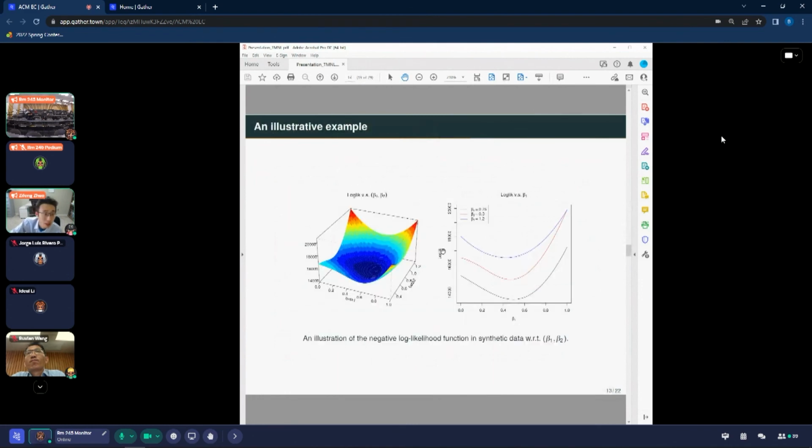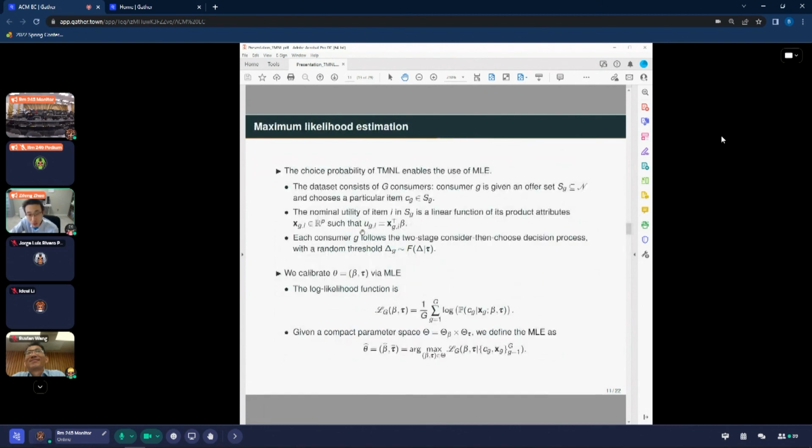That's a very good question. I don't think I have thought about it, but the reason why we screen across one dimension is that we assume the nominal utility is linear. So we don't screen on this x, we screen on the nominal utility. That's why this whole thing becomes one dimension.